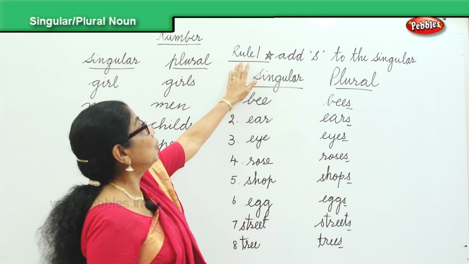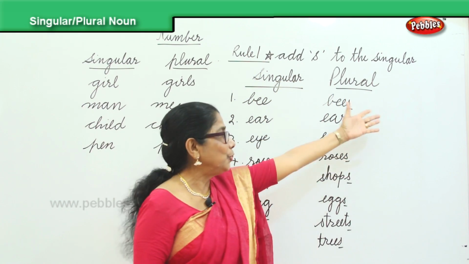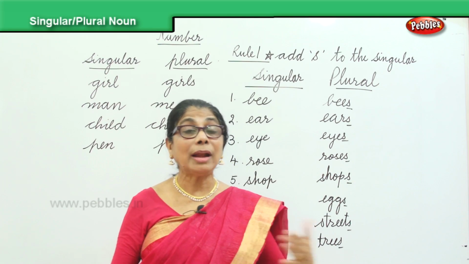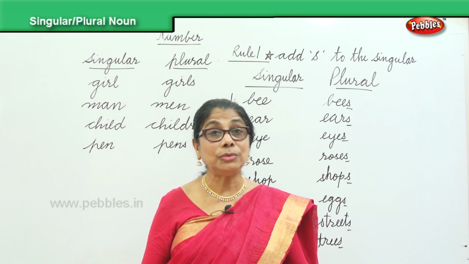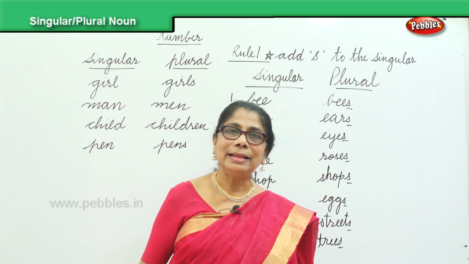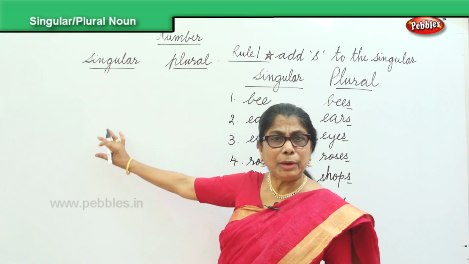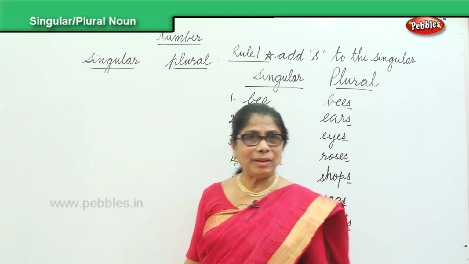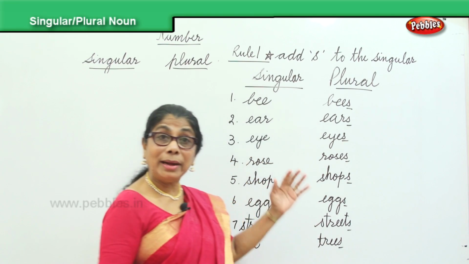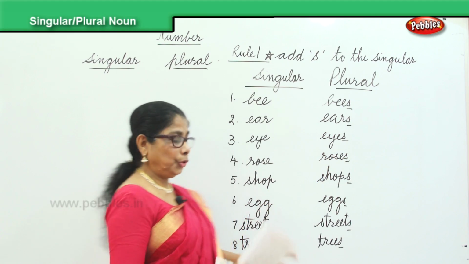So, the rule number 1 is add s to the singular to form the plural form. Okay? It's very easy. Now look around in your class, in your house. Name the nouns and let's turn the singular noun into plural noun. So we will look at some more singular nouns, how to form plural. The rule number 1 is add s to the singular noun to form the plural.